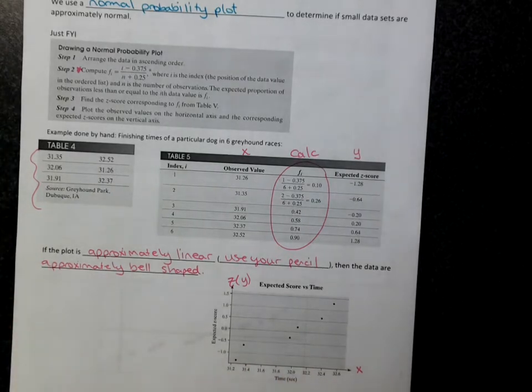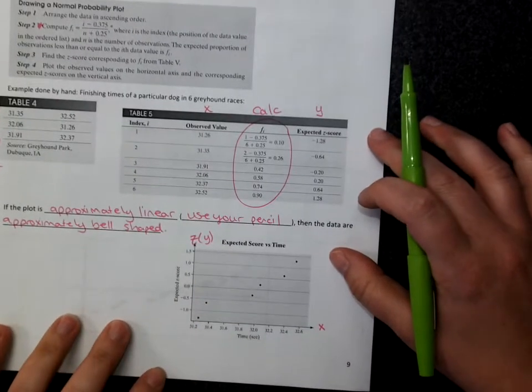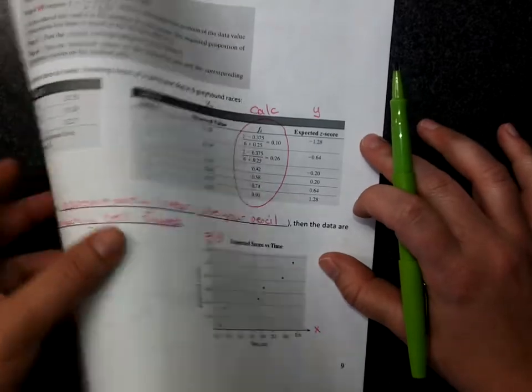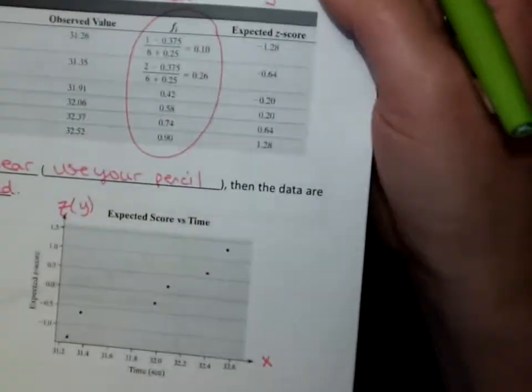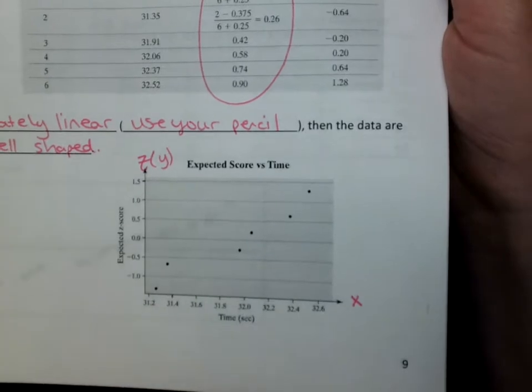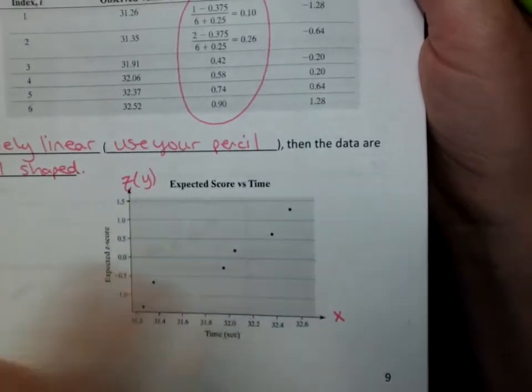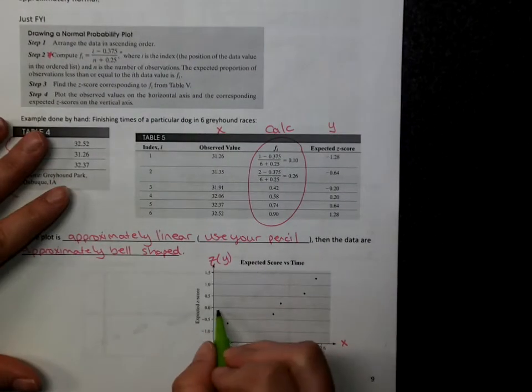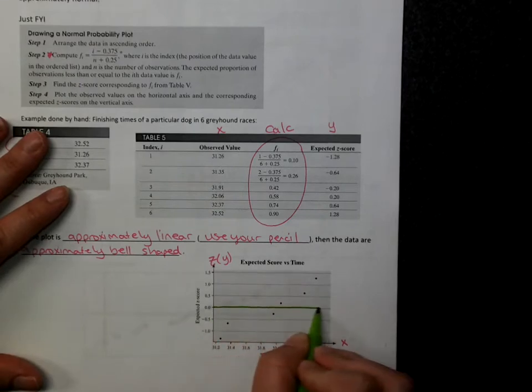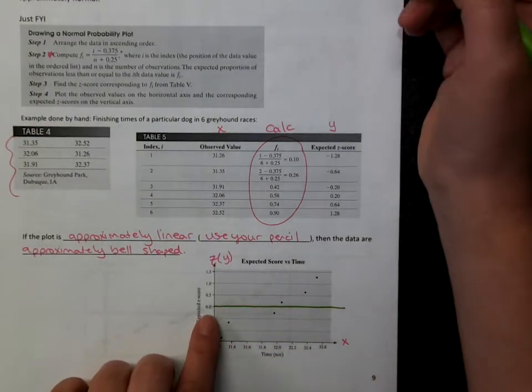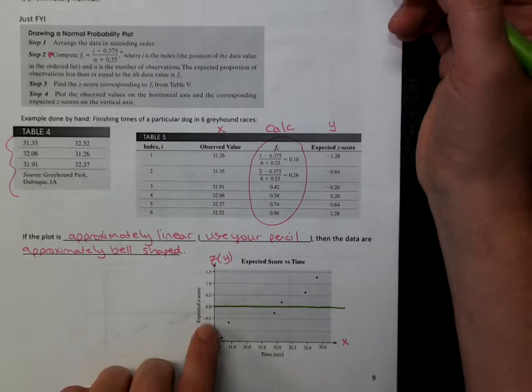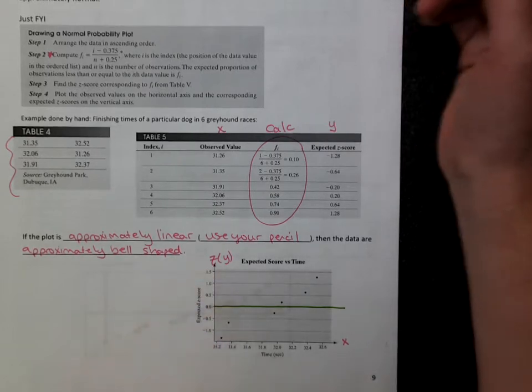So if you look at the graph here, and I can't zoom in, so hopefully you can see it clearly on your handout. You have all the individual x values, and what I want you to notice is the expected z-scores. Zero is in the middle, negative z-scores are down here, positive z-scores are up here.